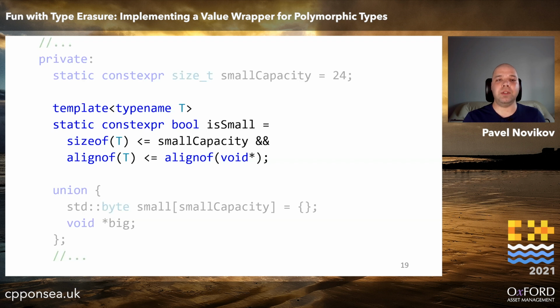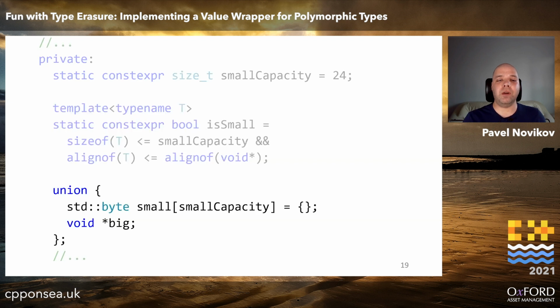That is, if our small buffer can accommodate it, and if the alignment of our small buffer is compatible with that type. Next, we have a union, which contains a small buffer and a pointer to our big object.